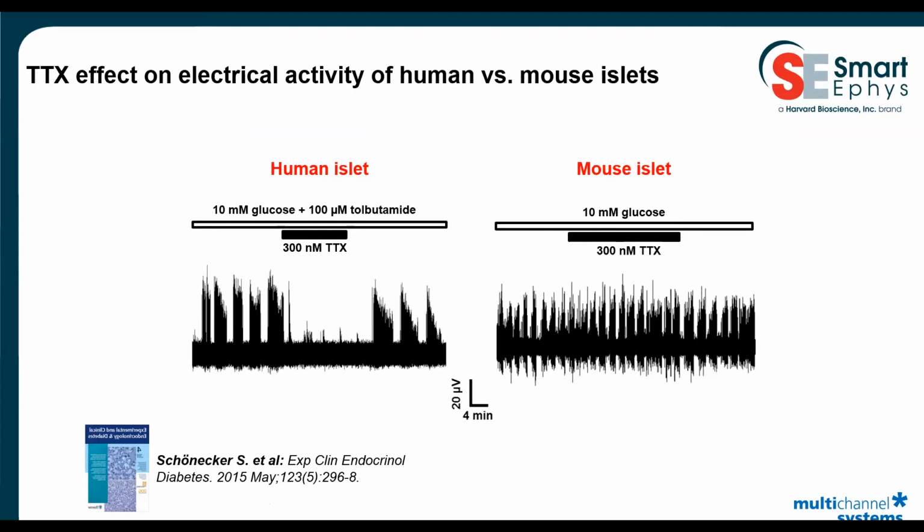So I used a human islet and I added tetrodotoxin, which is a very strong sodium channel blocker. And you see a strong effect on the electrical activity. And on the other hand, I did the same with a mouse islet, and there was absolutely no effect, which nicely shows that they are differently equipped and the stimulus secretion coupling works differently in different species.